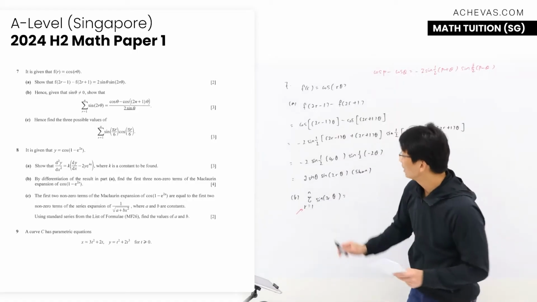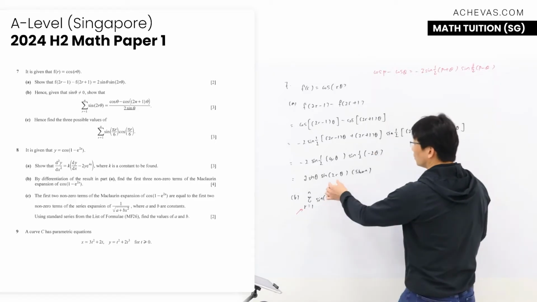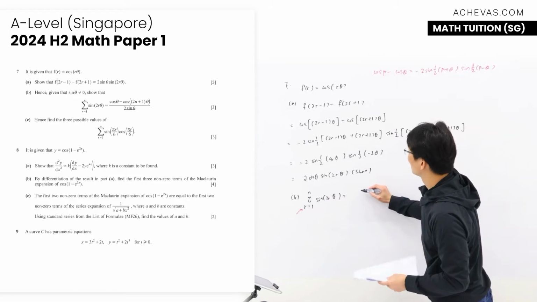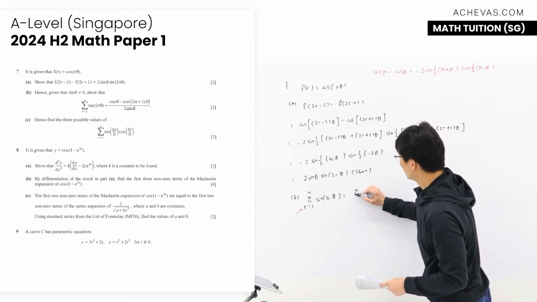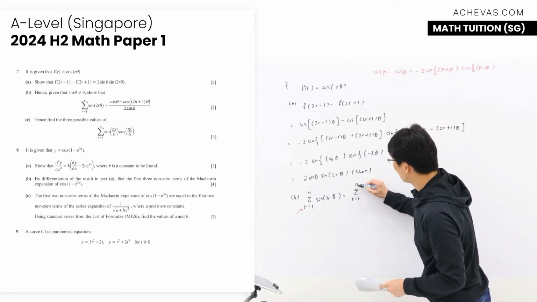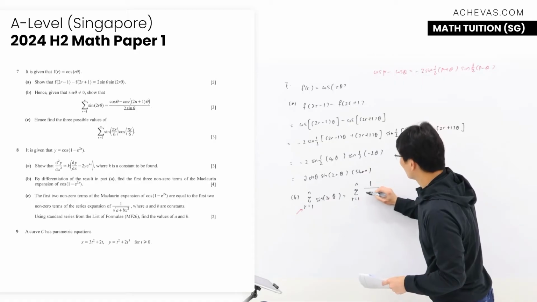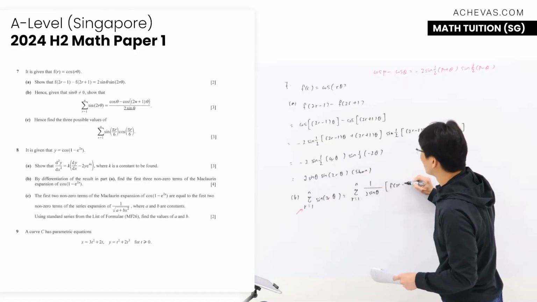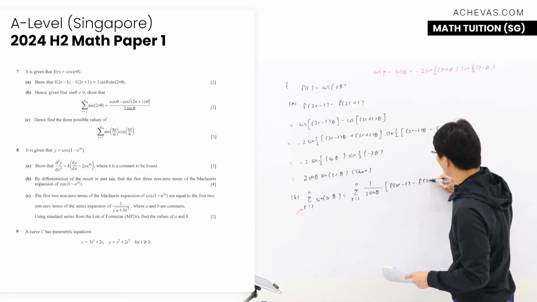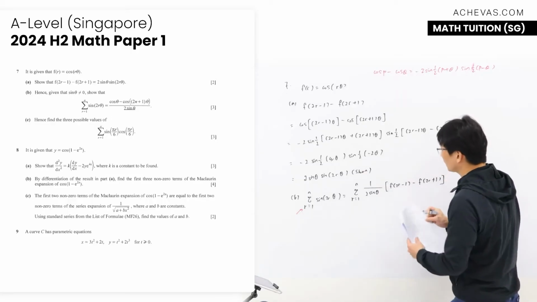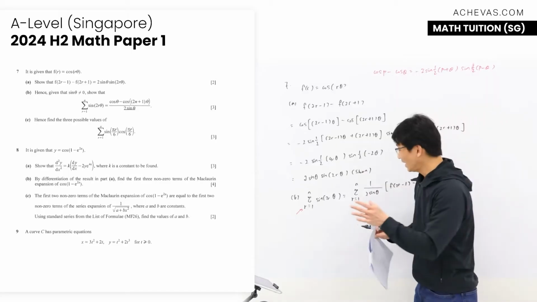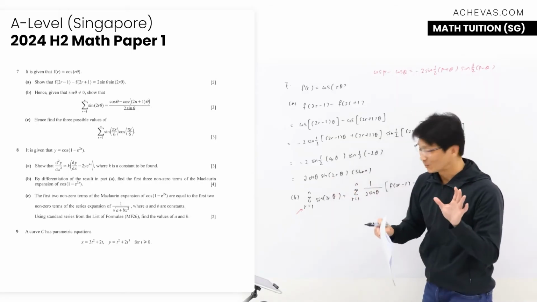For example, if I were to replace sine 2r theta with this, summation r equal to 1 of 1 over 2 sine theta times f(2r minus 1) minus f(2r plus 1), in fact, this sine theta is a constant because anything other than r is considered a constant.